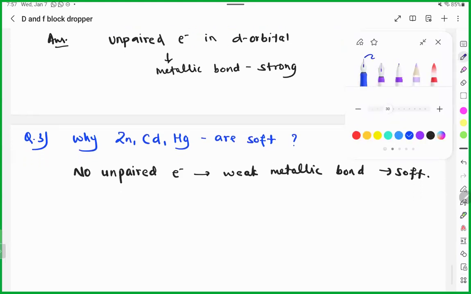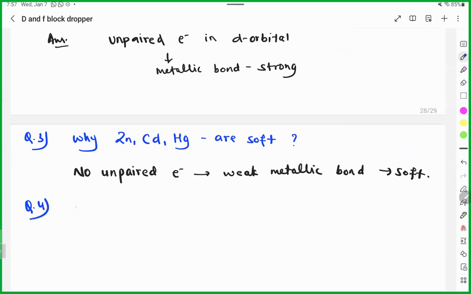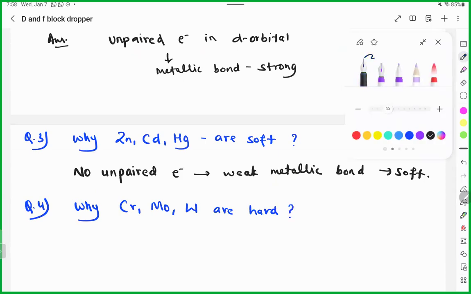Sarah, why are chromium, molybdenum, and tungsten hard? Strong metallic bonding. And what is the reason for strong metallic bonding?